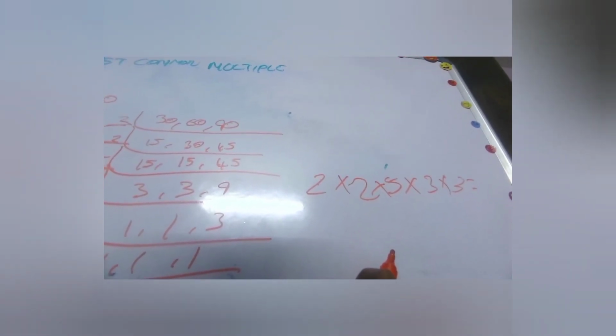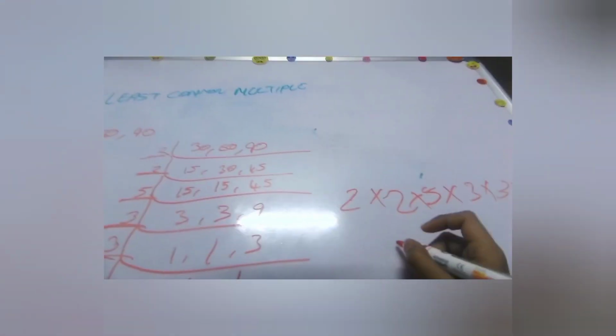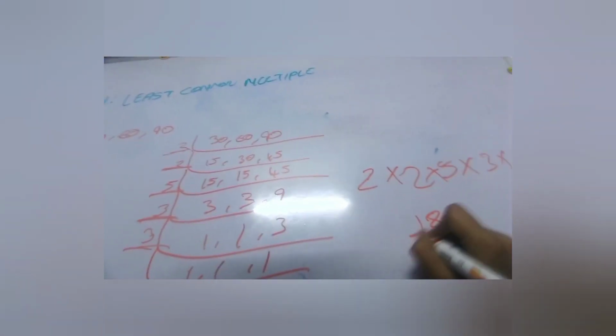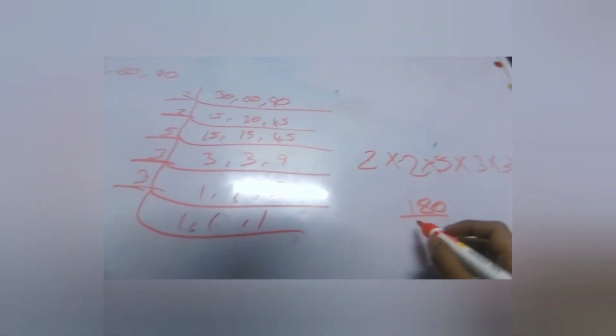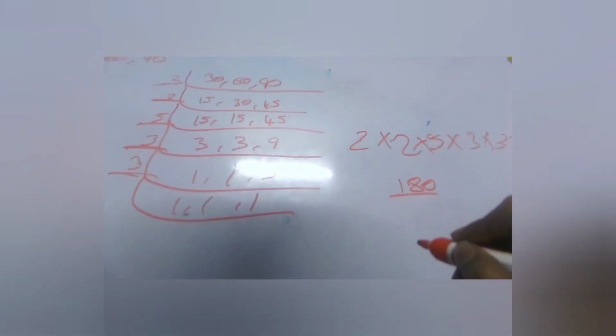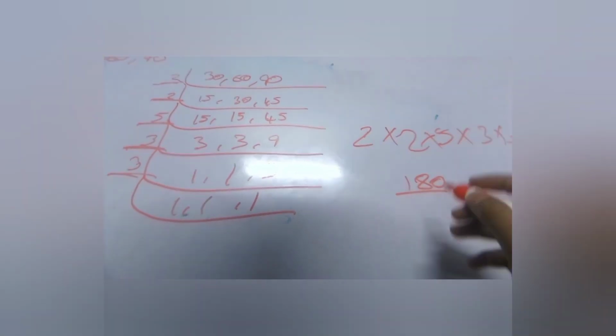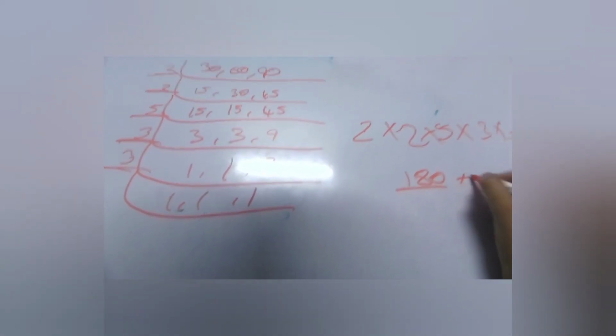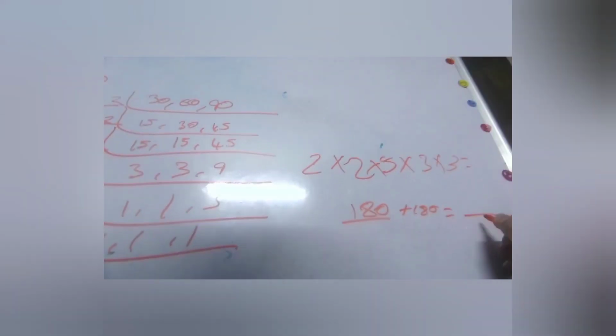And 60 into 3 would be 180. So 180 is the least common multiple. This is where all the three meet at first. Then at second they would meet at 360. That's 180 plus 180, this answer will be the place where they meet the second time.